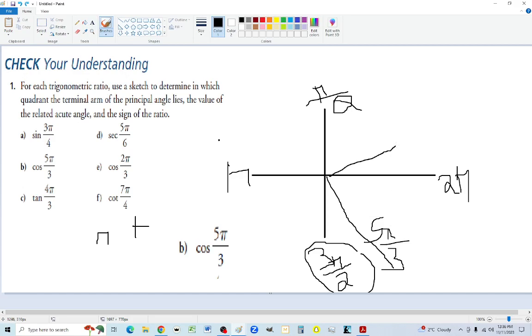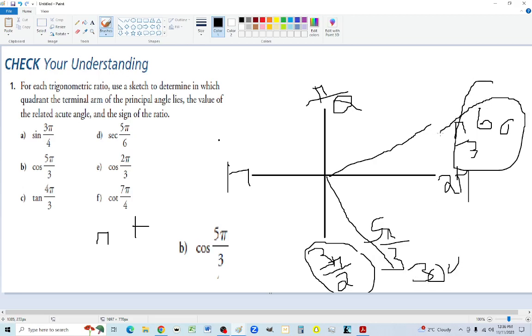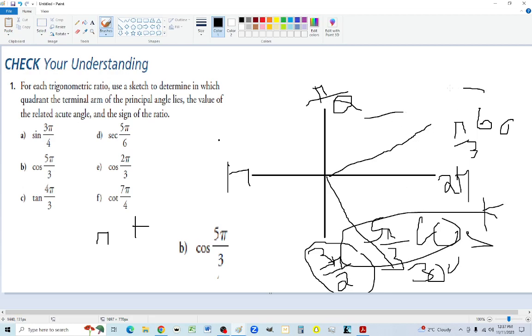Sorry, a third. The acute angle is pi over 3, which is 60 degrees, which means that here is the same as 300 degrees. So if you know your special triangle for 60, you could figure out the exact values. But anyway, for cosine, this is positive here and positive for the acute angle, because it's all over there.